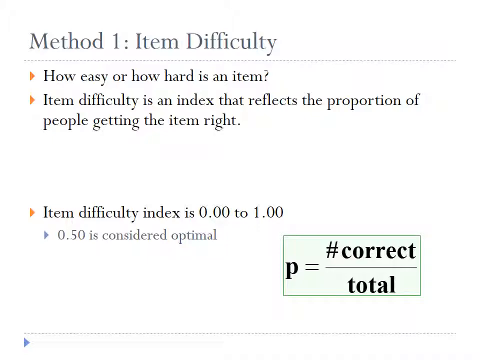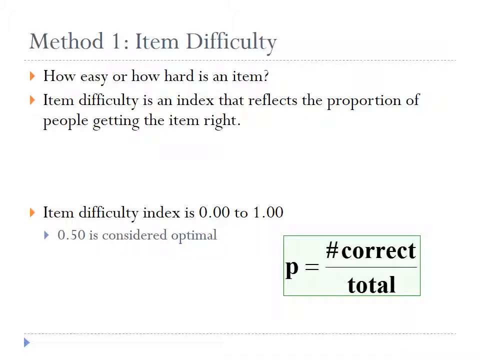Why would that be? Well, if it's 0.0, that means nobody got it correct. If nobody's getting it, then it's not a good item. It's obviously not assessing something that was on the content list. It wasn't covered in the course.